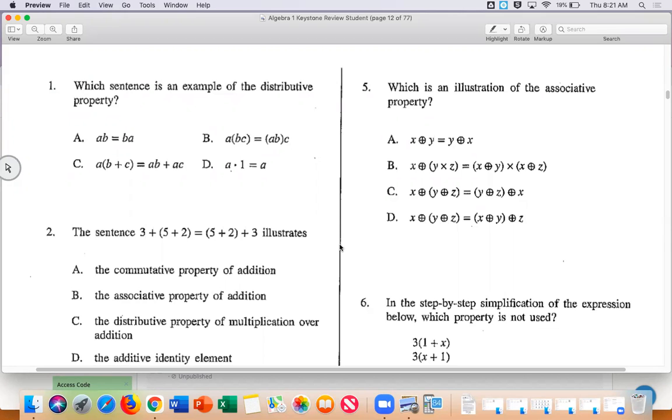So the way I like to think of it is this. Associates are people you work with. So we're talking about grouping. So I'm looking for parentheses. All right, commutative property, when people commute to work, or they commute to college, they're going back and forth. So that's numbers that are switching places. They're going back and forth. Make sense? All right.